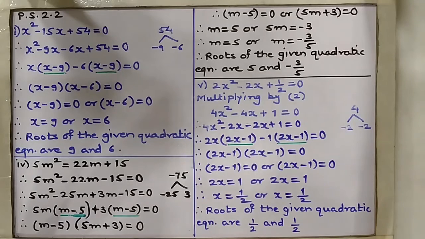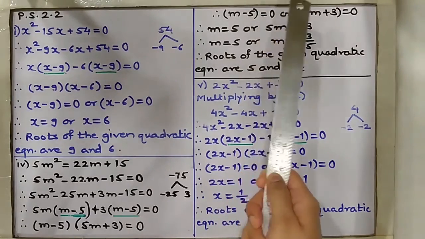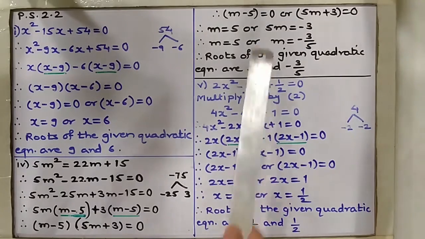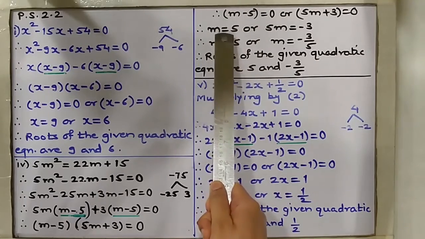Now when is the product going to be 0? It is going to be 0 when either the value of the first bracket is equal to 0 or the value of the second bracket is equal to 0. Which means m minus 5 equal to 0 or 5m plus 3 equal to 0. So we'll shift minus 5 to the right hand side. We get m is equal to 5.